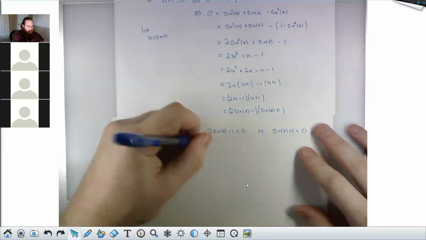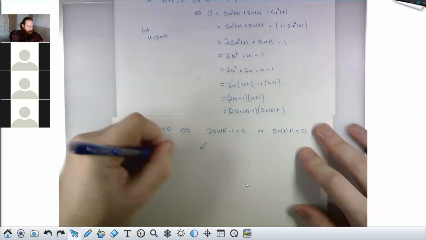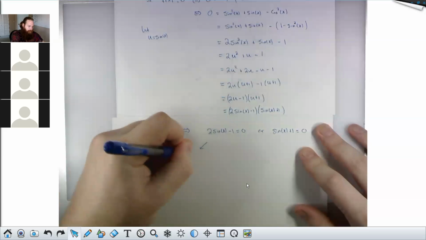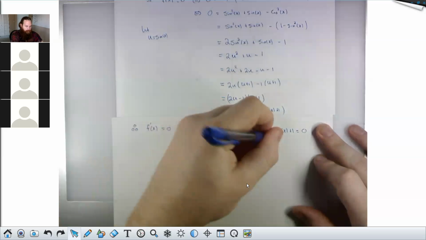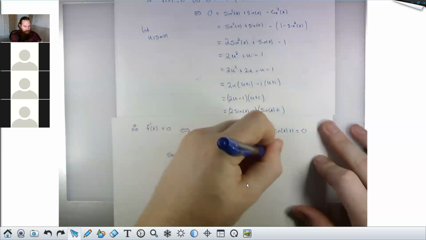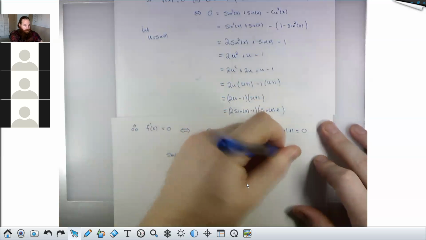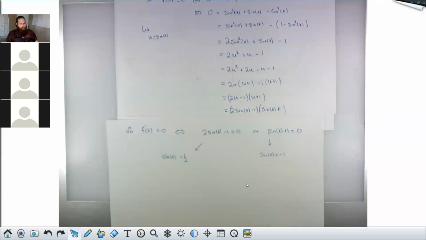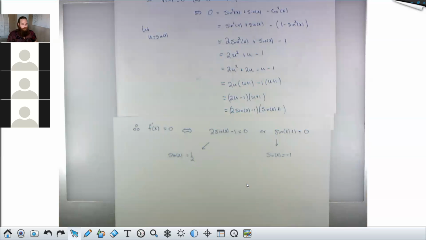This first guy tells me sine x is equal to positive 1/2. This second guy tells me sine x is equal to negative 1. And remember, I'm working on the interval 0 to pi over 2. So I want to find any solutions to these equations between 0 and pi over 2.